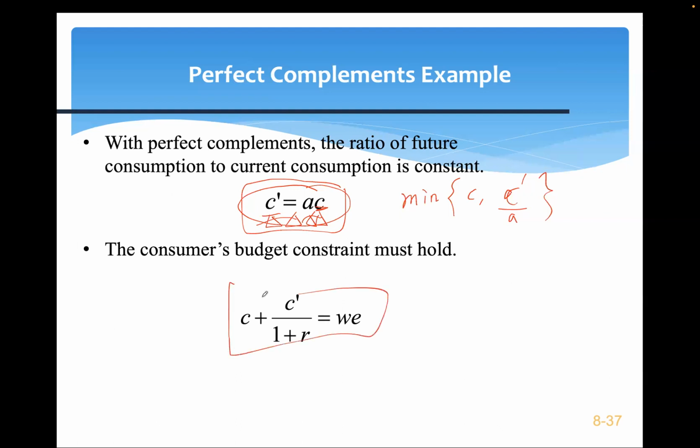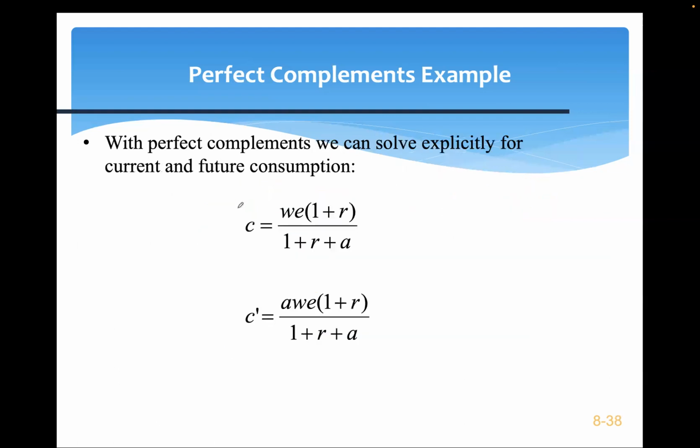From these two, we are already able to solve the consumer's consumption and saving decision. Why? Because we have two equations and two unknowns, and immediately we can solve the consumption and the saving decision.